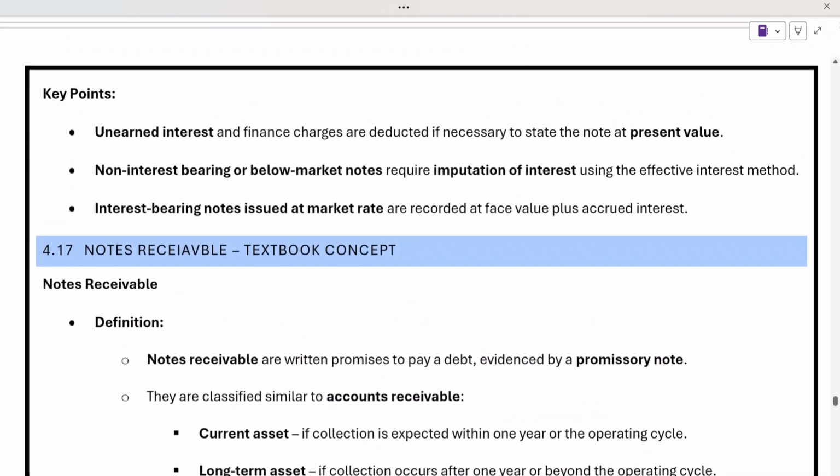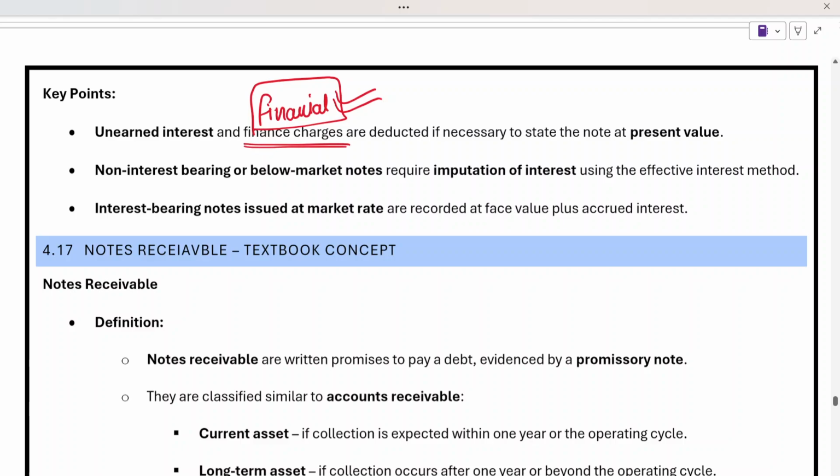The key point to focus on here is that unearned interest and financing charges are deducted if necessary to state the note at present value. This simply means that there may be a situation where the firm which is giving you the note charges some operational or financial charges.